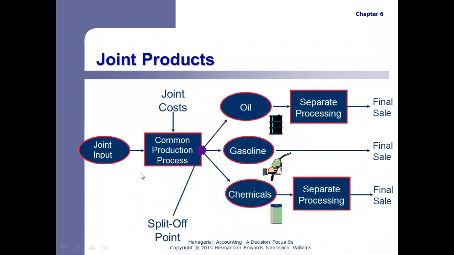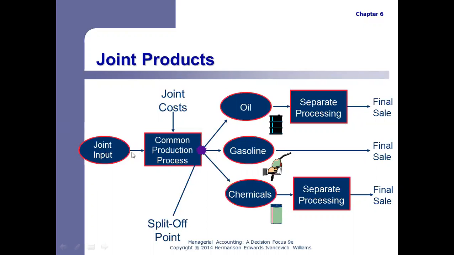Here is an illustration of this concept using oil as the main product. So, crude oil. This crude oil has to be pumped out of the ground and transported to factories.